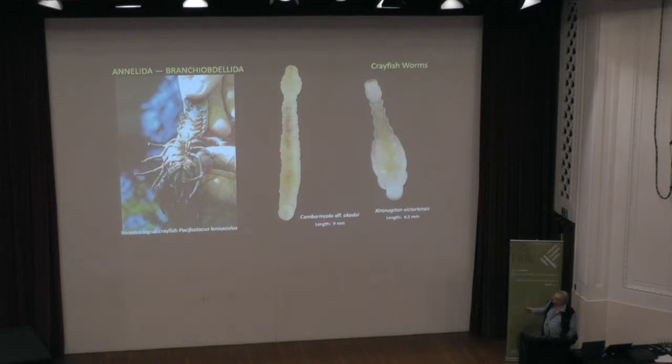It says about 9 millimeters, but it can stretch to about 17 millimeters. This one can stretch to about 9 millimeters or so, and this one tends to live on the abdomen, round about the legs and on the carapace, and this one on the cheliped, on the claws.